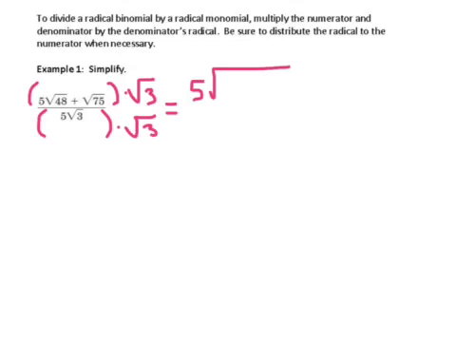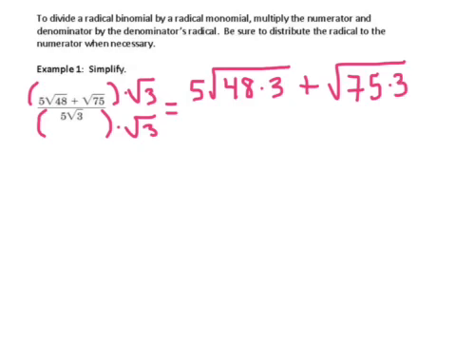So, the product of 48 times 3 can be found by 3 times 48. Then, we'll put the factors of 75 and 3 underneath the same radical. And we'll express them like this to show our work step by step.